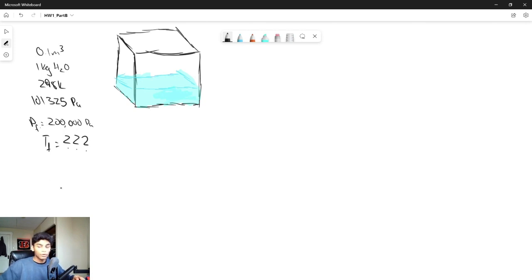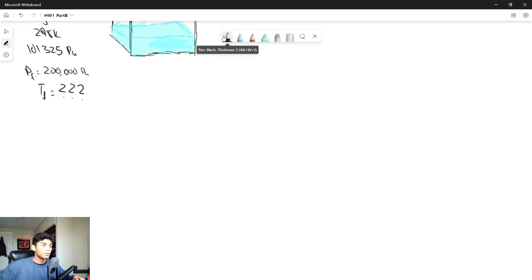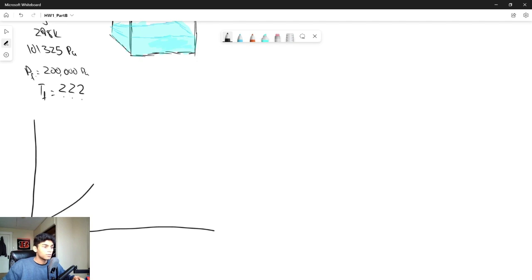One for sure is going to come straight out of our phase diagram. So let's draw out our little phase diagram. There you go. Solid, liquid, gaseous.